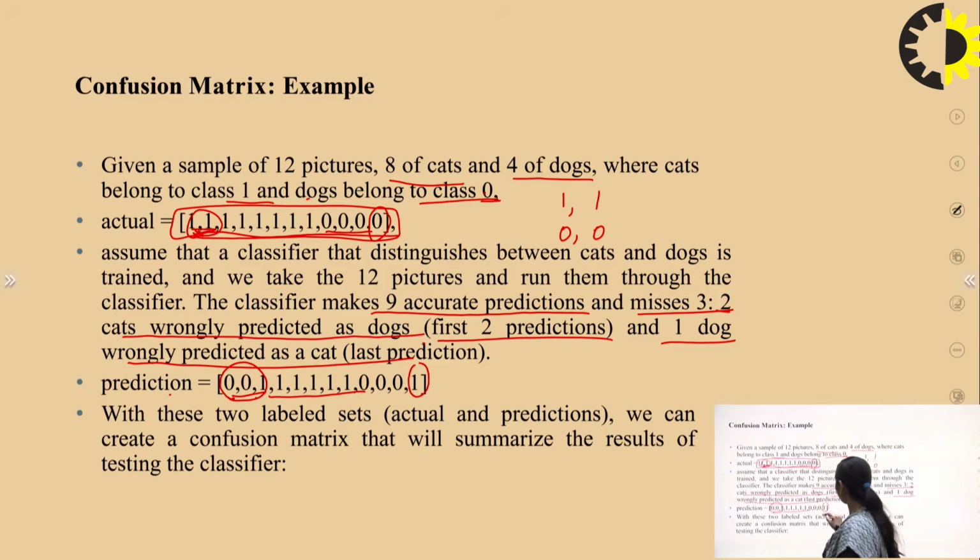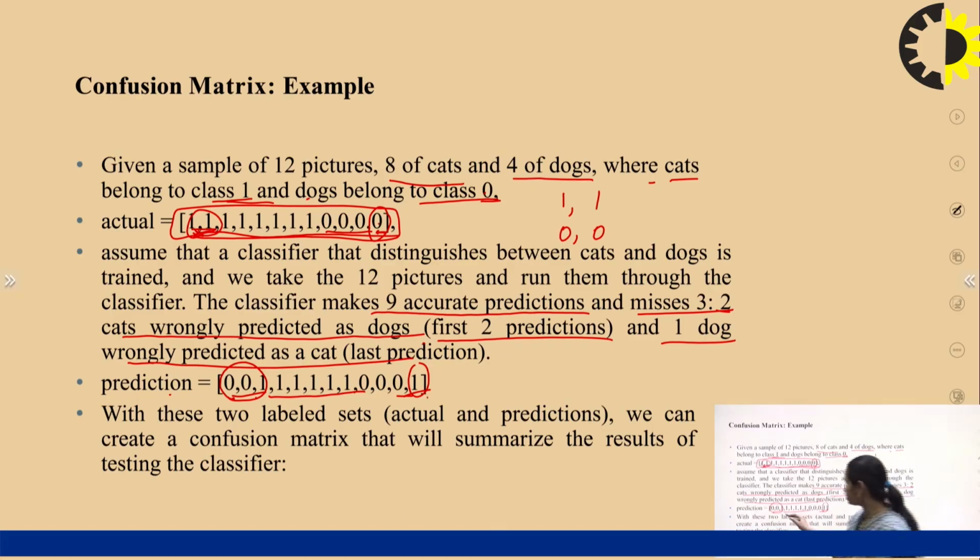So instead of cats, that is class 1, instead of dogs, that is class 0, it is considering 1 as a class. So that means here also it is wrongly predicted. So the classifier has predicted 3 values as wrong values, this 0, 0 and this 1. These are wrongly predicted. So how do we see this in a confusion matrix?